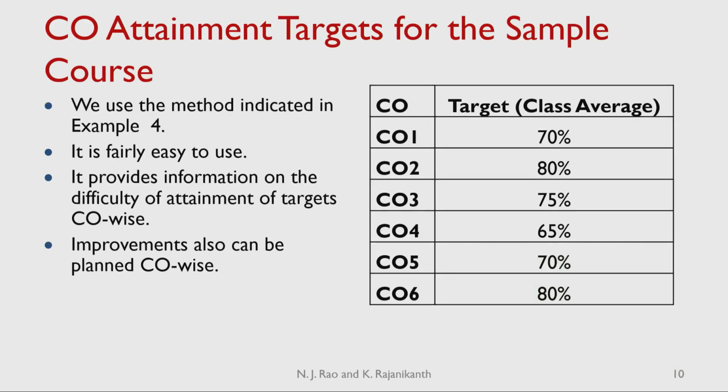This is yet another way of setting the CO attainment targets. In this unit, we use the method indicated in example 4. That means targets are set independently for individual COs. So for the example case study, we are setting the target for CO1 as 70%, for CO2 80%, and so on. This method is fairly easy to use.